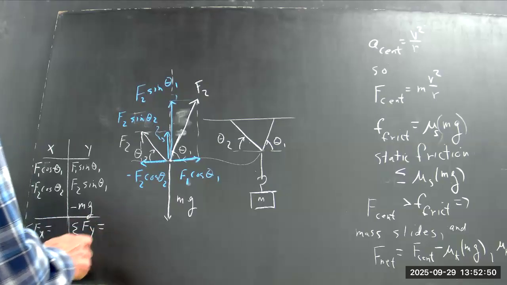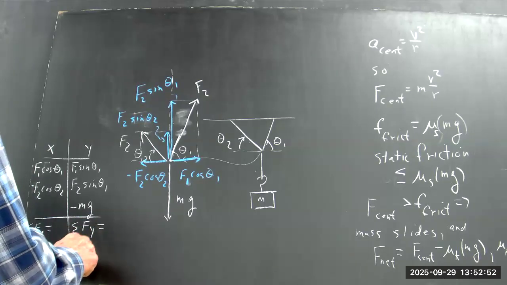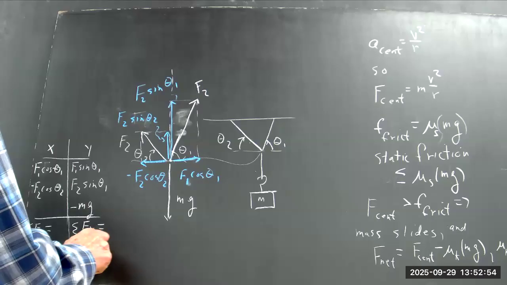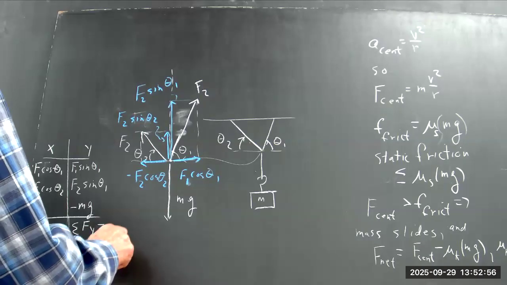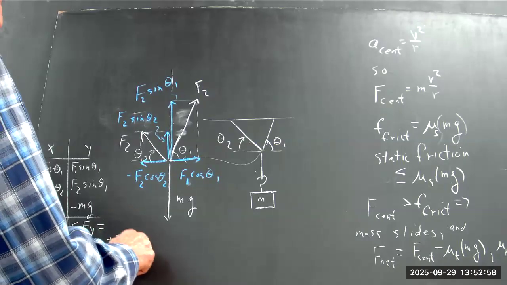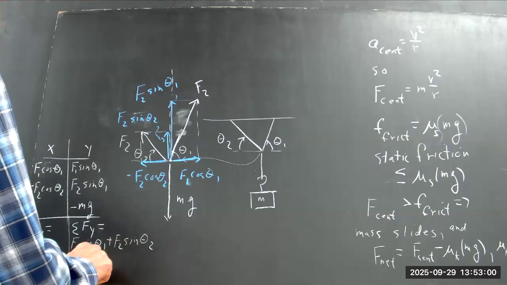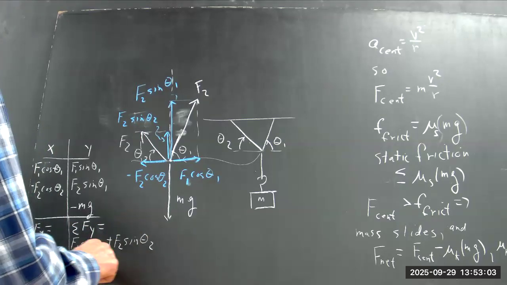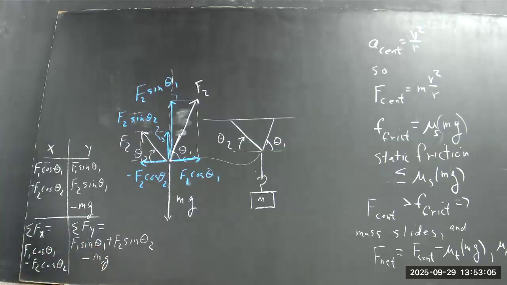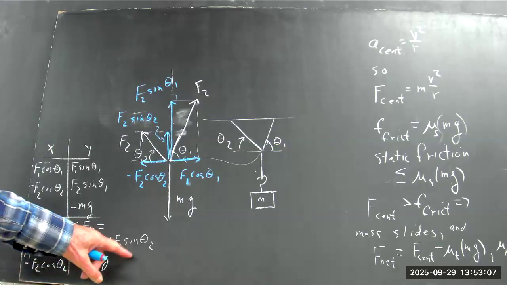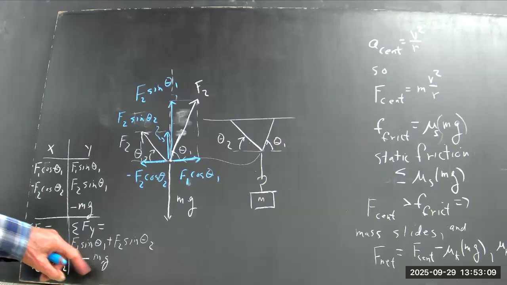The sum of your y forces is F1 sine theta 1 plus F2 sine theta 2 minus mg.